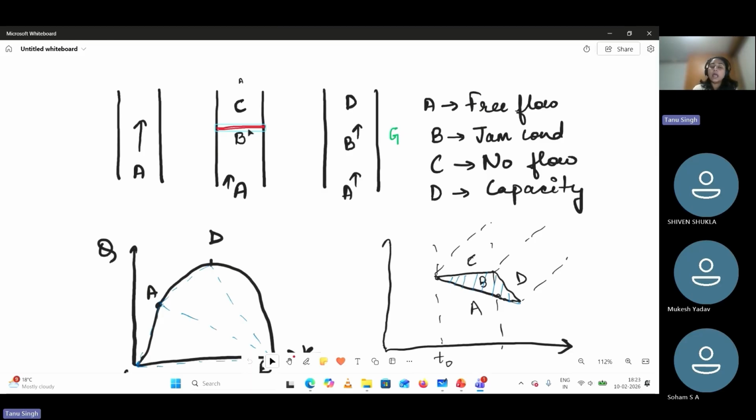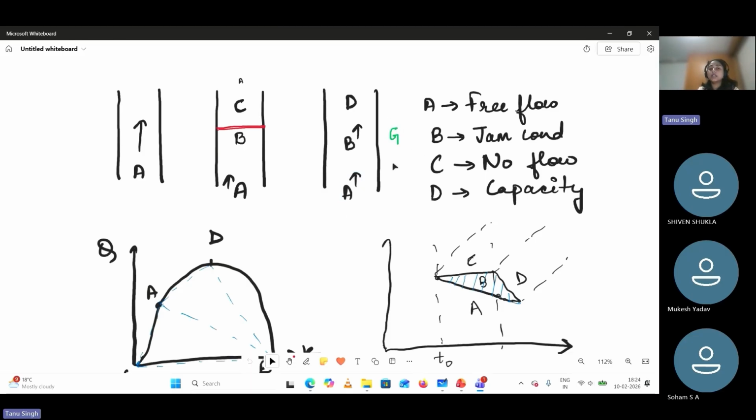which is the stopped condition. Beyond the traffic signal, we see another traffic state, C, where no flow is happening. And way beyond the traffic signal, vehicles are moving again at free flow condition. So this is condition number 2. The third condition is when the traffic signal turns green.